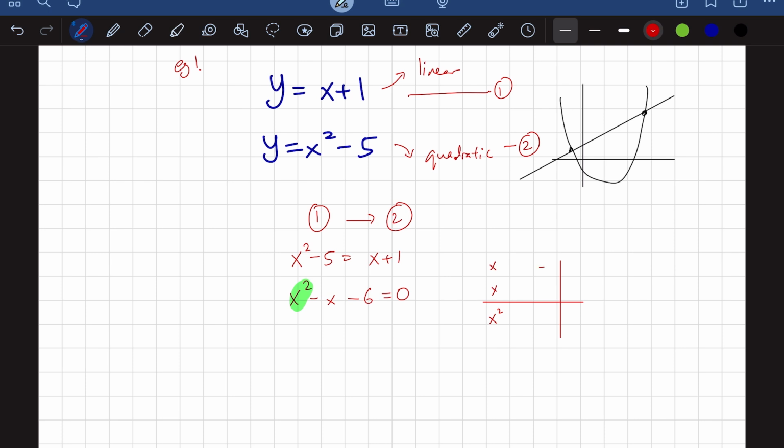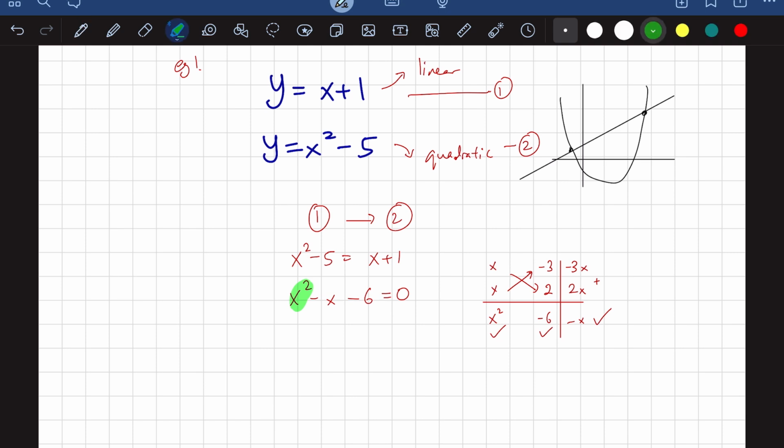So I'm picking negative 3 and positive 2. And when I cross multiply, x times negative 3, I get negative 3x. And x times 2, I get 2x. When I add it together, I get a negative x, which is what I want, and here's negative 6, which is what I have, and x squared is what I have.